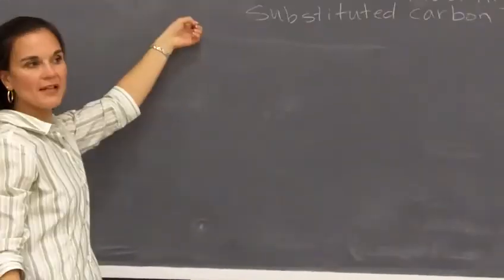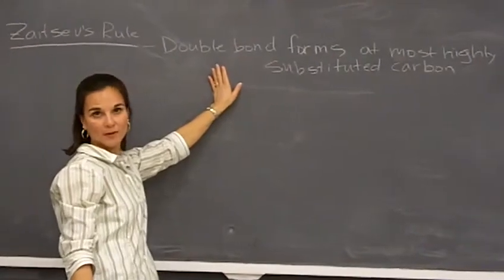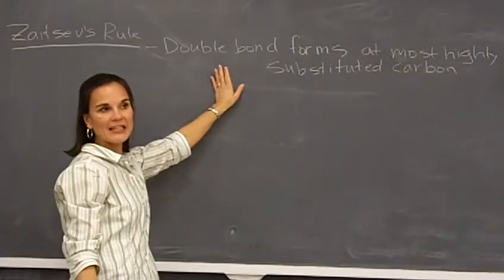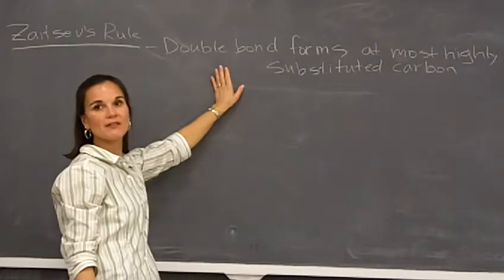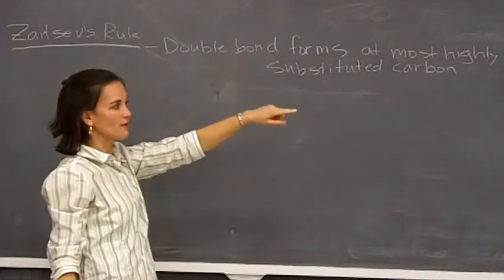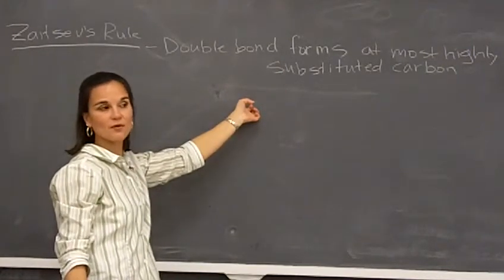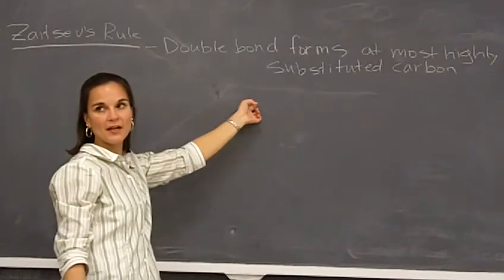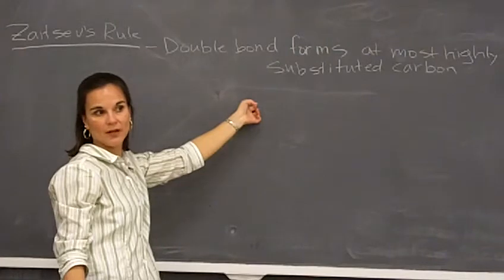But you're always, with Zaitsev's rule, just remember it's talking about the most highly substituted carbon, okay? So this is kind of key for when you're writing the conclusion for this experiment too. Just keep in mind what Zaitsev's rule tells you versus the favoring of trans versus cis, okay? So Zaitsev's rule does not tell you that trans is going to be favored over cis, okay? That's something different, all right?